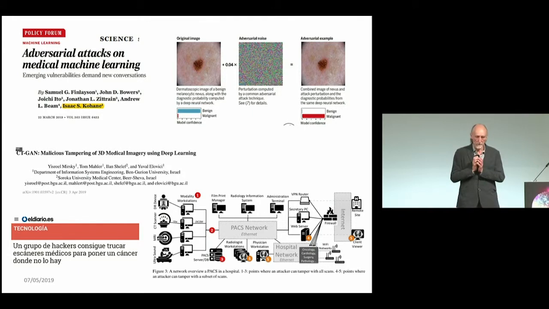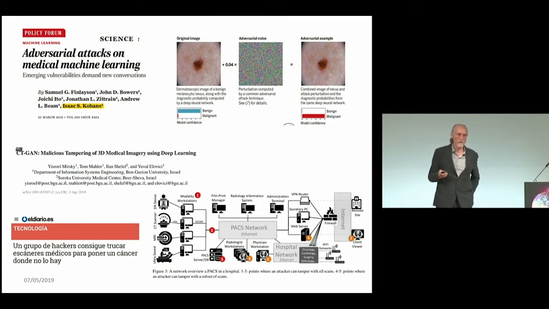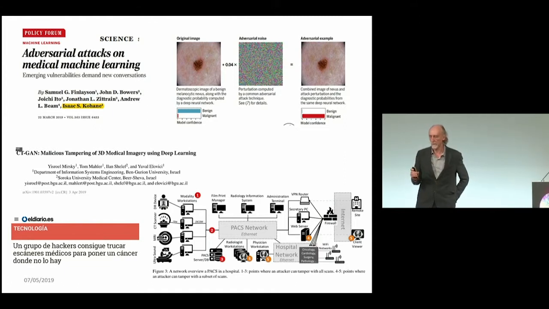And everything has to be taken with care because the applications are very powerful, but at the same time, the publicity around these things is not always very positive, and we are at the point of producing a counter-reaction. These are what are called adversarial networks, systems that are able to confuse the classification systems, and these are all the possible ways in which a hospital system can be attacked by these adversarial networks that will confuse the classification system of the hospital, will, in a sense, hack the hospital systems.